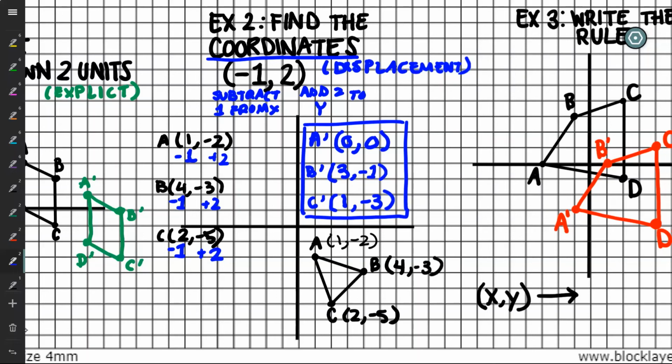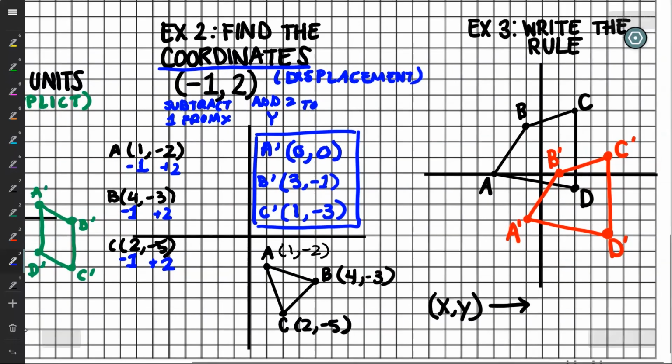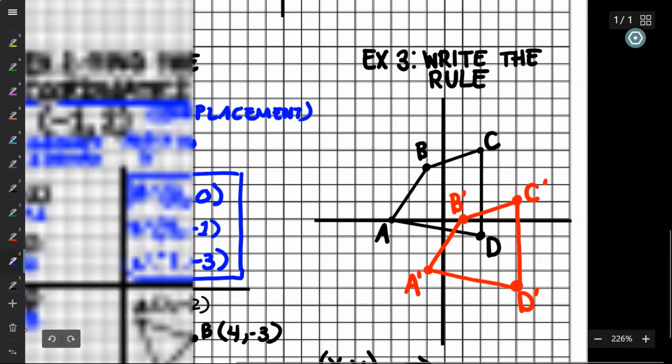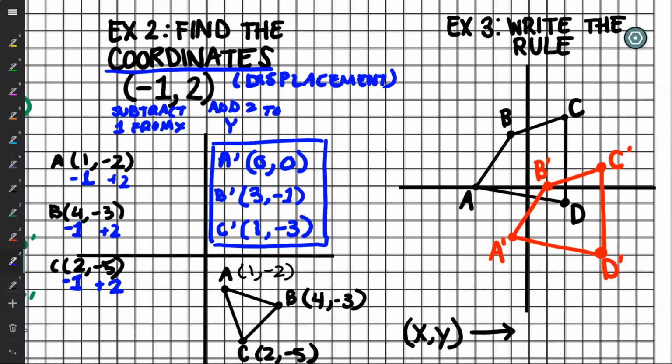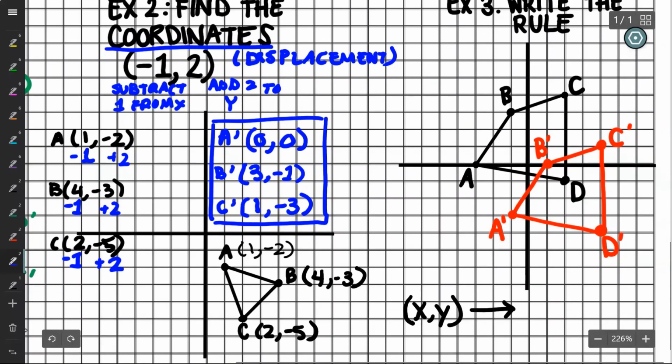All right, and the last example is going to be like this one, where we have the transformation given and we have to write the rule ourselves. So here we have it set up for our transformation notation with our arrow. So I'm going to start with my parentheses, and let's see what is happening to each of my x's first.